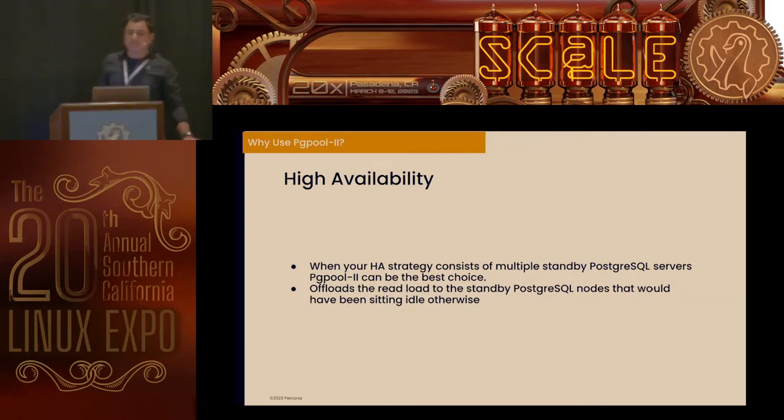Another use case would be high availability of Postgres. There are other solutions for high availability like Patroni, and others as well. For example, if your HA strategy wants you to have two backups of the primary server, that's good enough. You can use Patroni or any other high availability system which can provide you failover. But the problem with those solutions is that the standby servers will sit idle, waiting for the primary to fail so that they can take over in case of a failure.